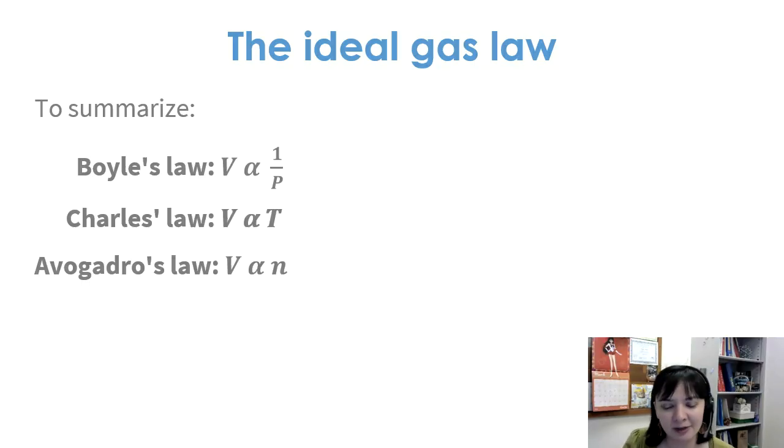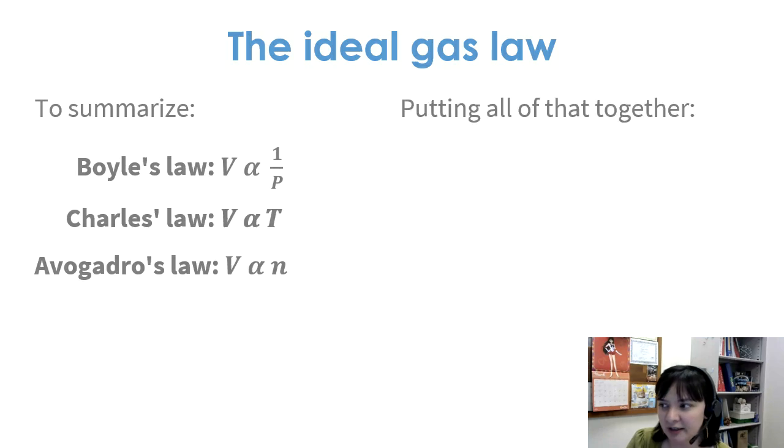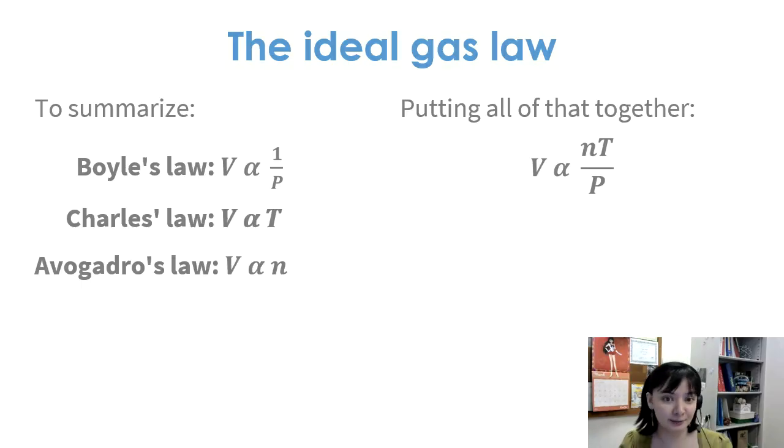So we could summarize all of these, or put them all together, into one relationship, which I have right here as volume is proportional to nT over P. So this incorporates all of those different laws that we saw previously. It just meshes them into one thing.